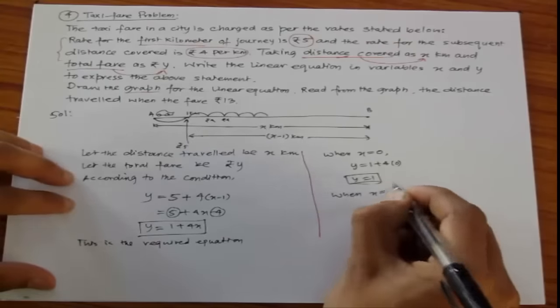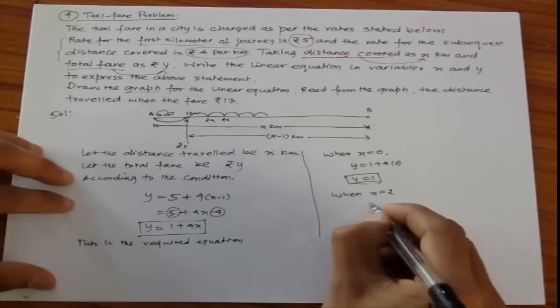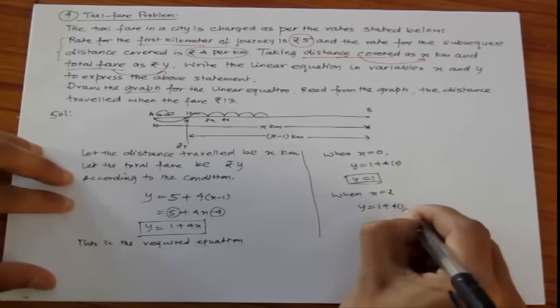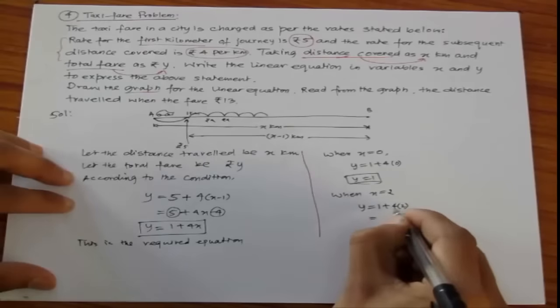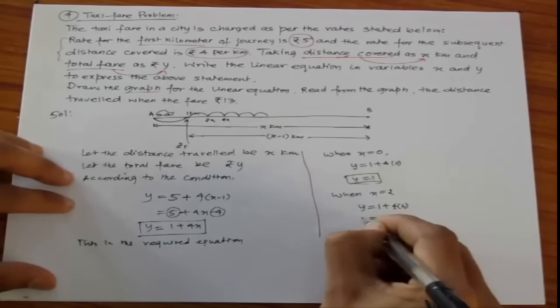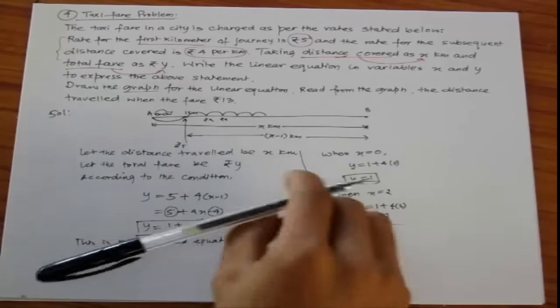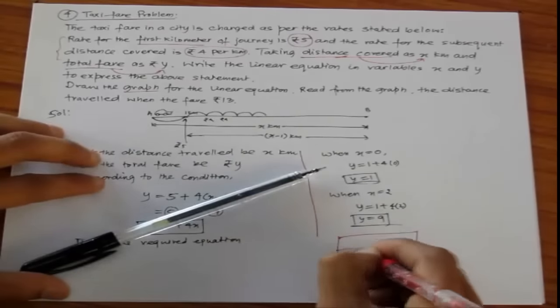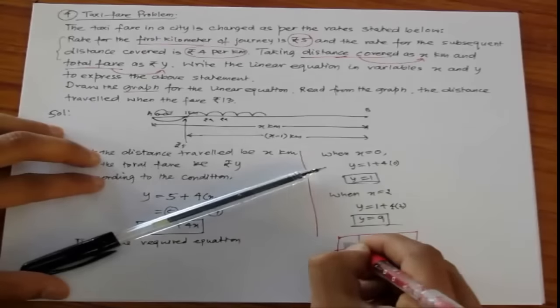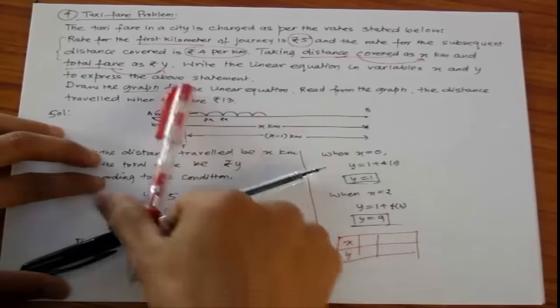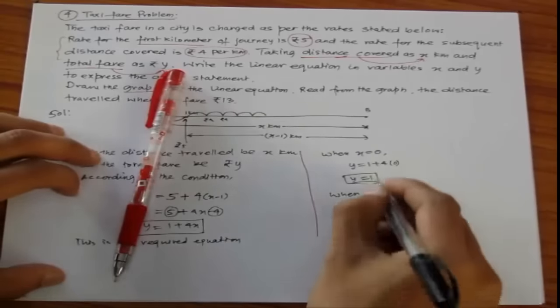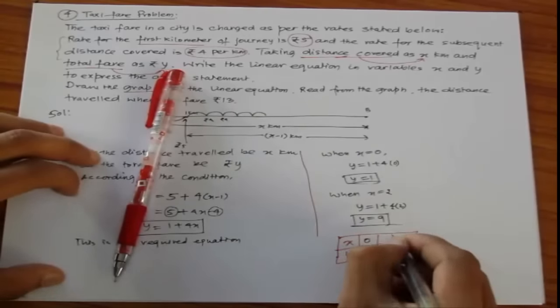When x equals, say, 2, then what do we get? y = 1 + 4 × 2, 4 × 2 is 8, 8 + 1 is 9. y equals 9. Now we write in tabular form so that it will be easy for us to plot in a graph. So when x equals 0, y becomes 1. When x equals 2, y becomes 9.